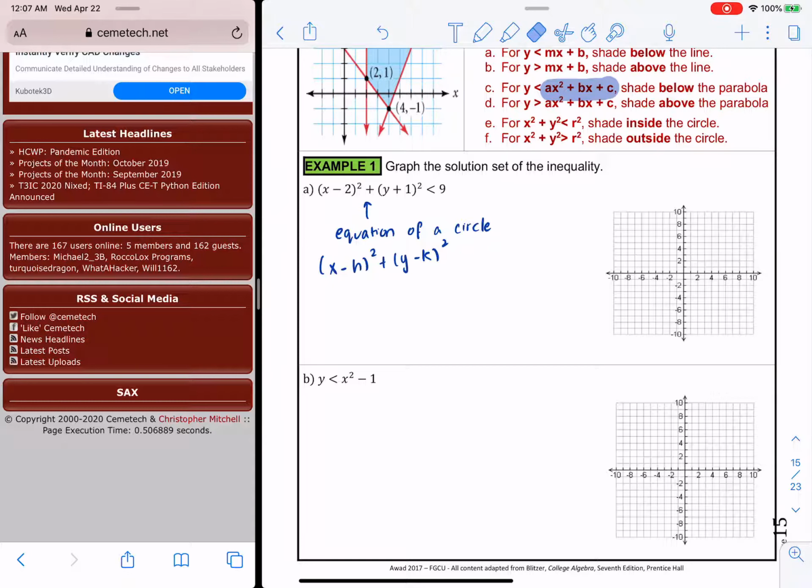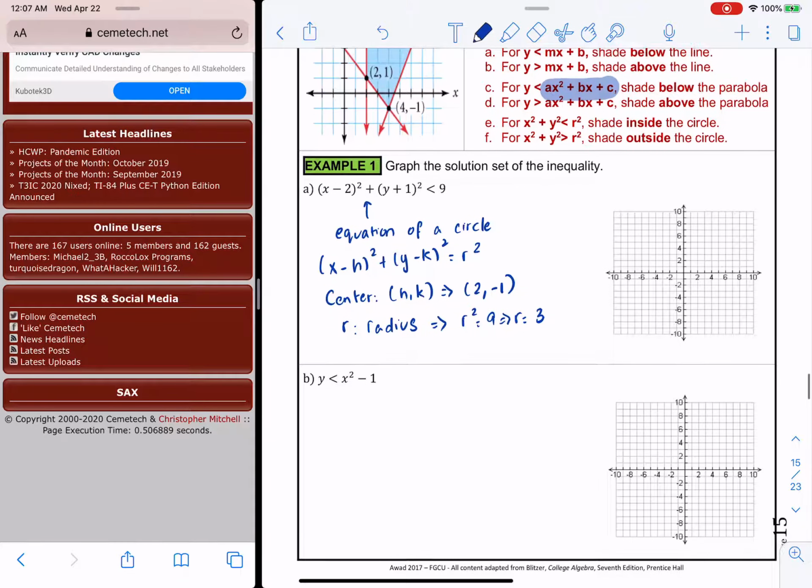The equation is equal to r squared. h, k would be the center, and r is the radius. So for this curve, the center is at 2, minus 1. r squared is 9, which would imply r is 3.